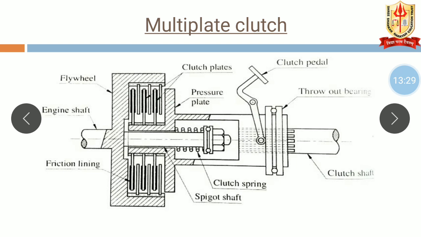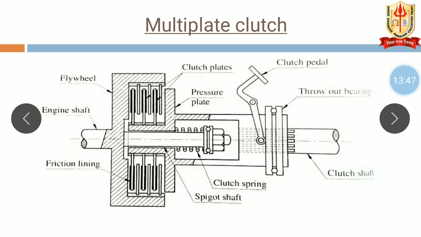The difference is only that when we want to minimize the size of the clutch, when we have less space for the clutch assembly, then in that case we use a multi-plate clutch.